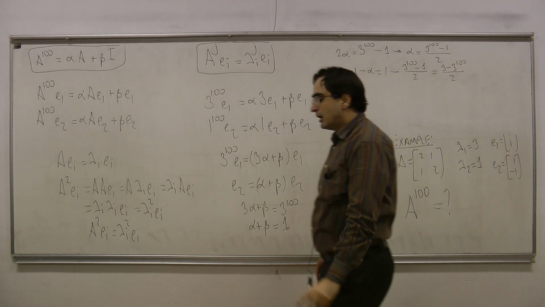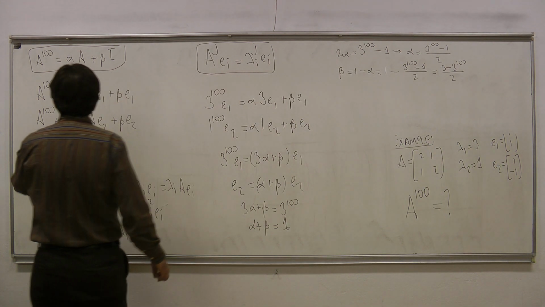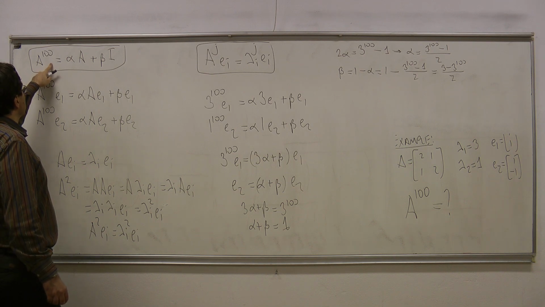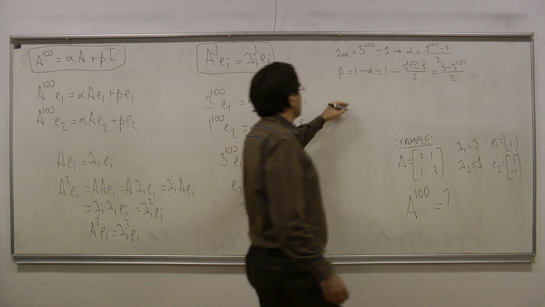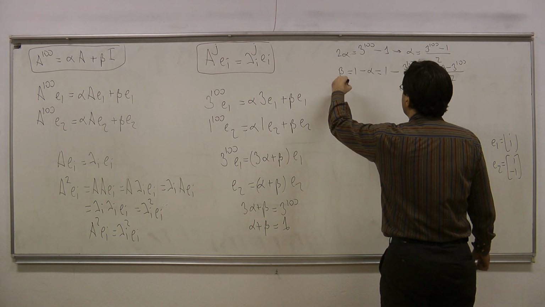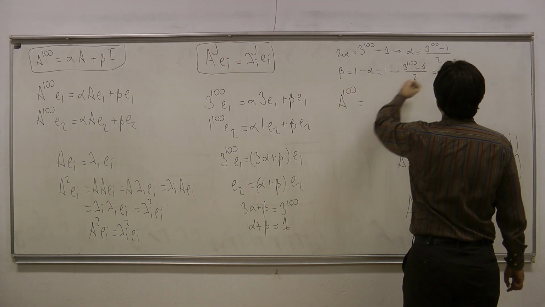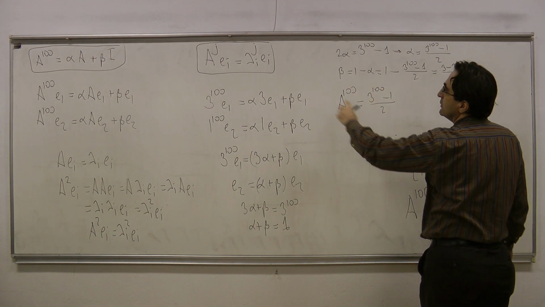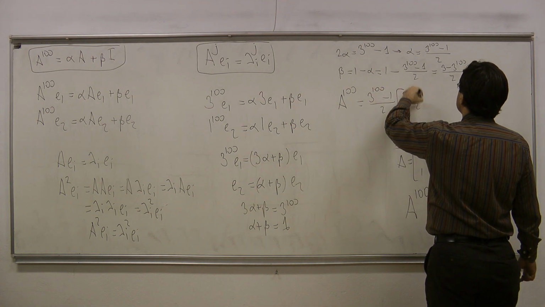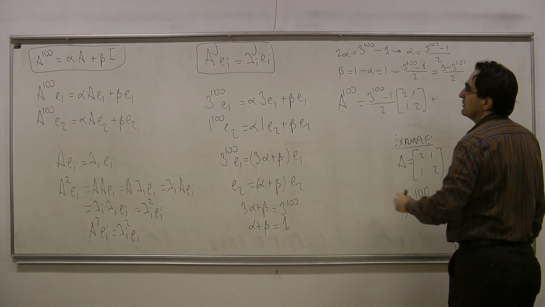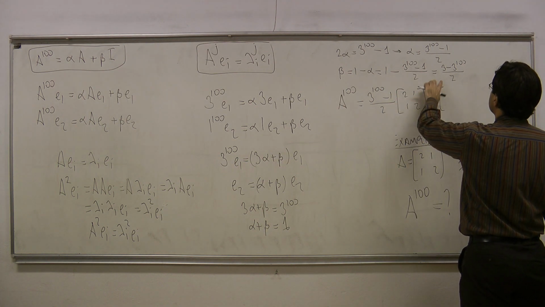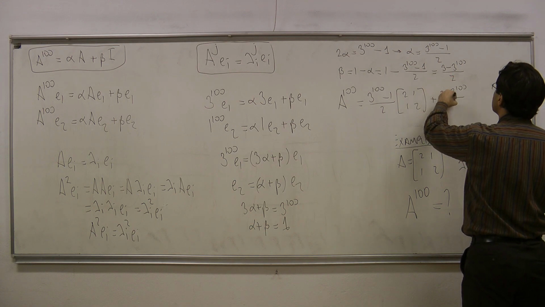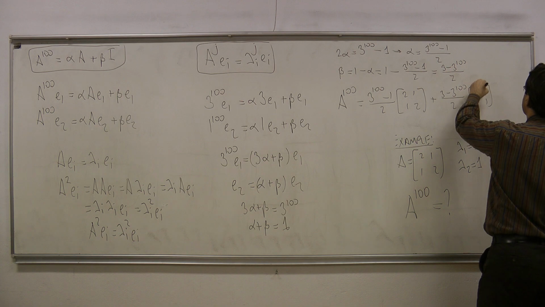So we have calculated alpha and beta, and now all I have to do is to substitute into this formula. So I would have here A to the 100 is alpha, which is (3 to the 100 minus 1) over 2, times A, which is 2211, plus beta, which is (3 minus 3 to the 100) over 2, times the identity matrix.